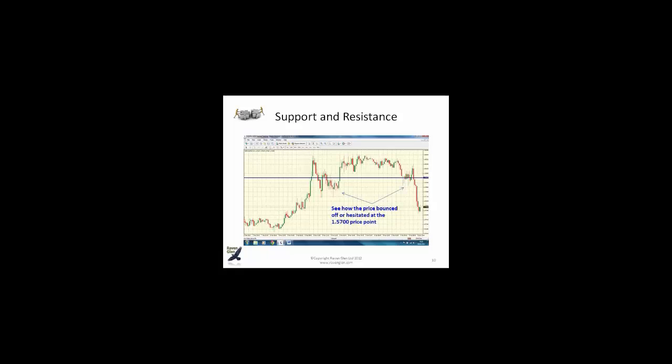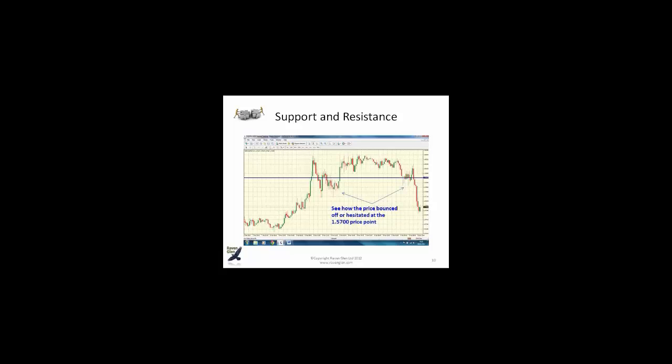On this slide you can see how the 1.57 price point has acted as a natural boundary or point of resistance and support. The price has revisited this level many times, and even if it's passed through it, it's hesitated there for a while. So this gives us a good indication of what might happen as we hit a whole number price point.